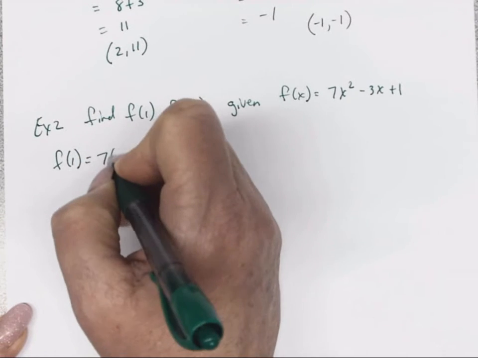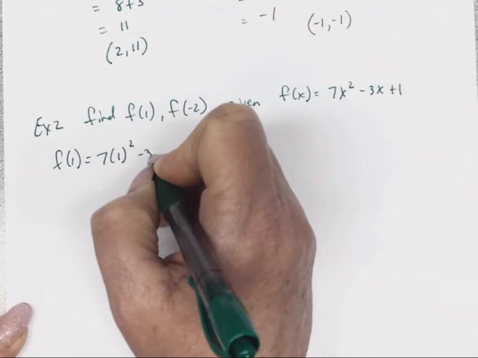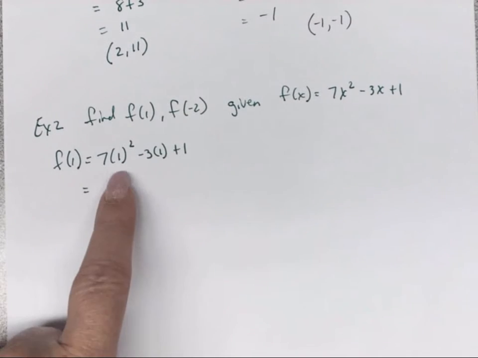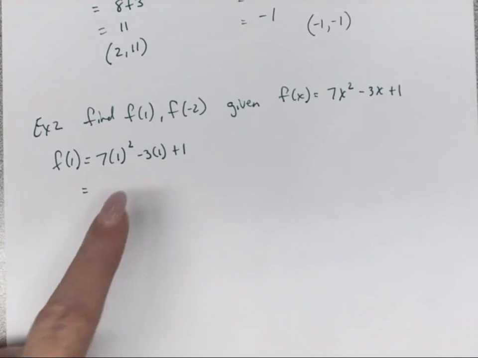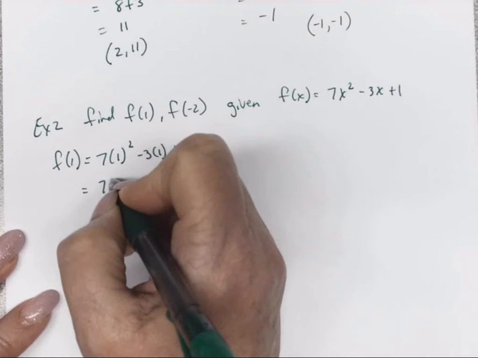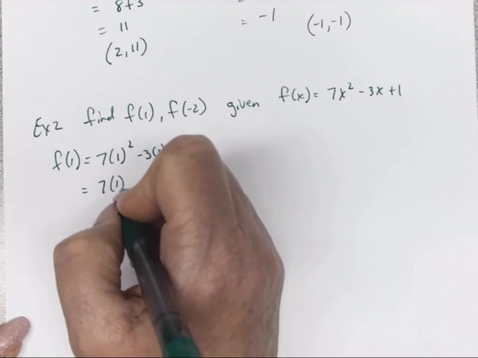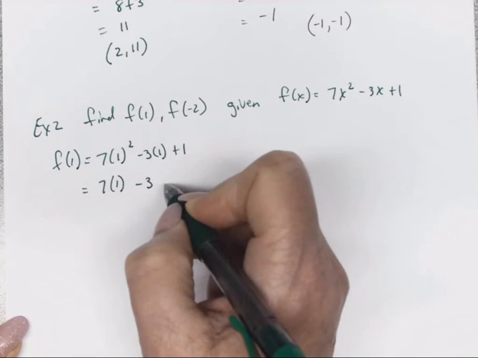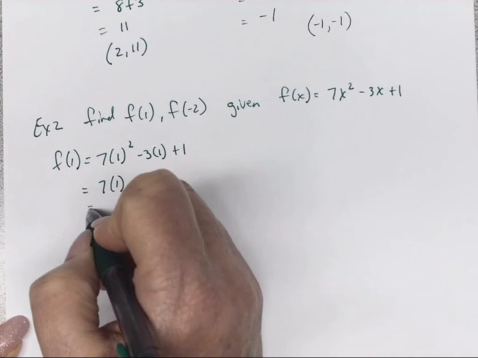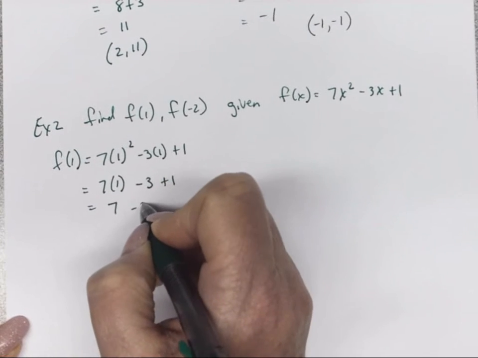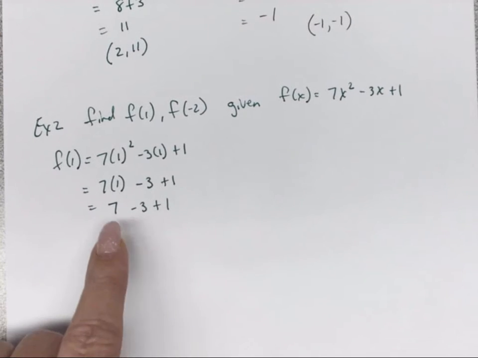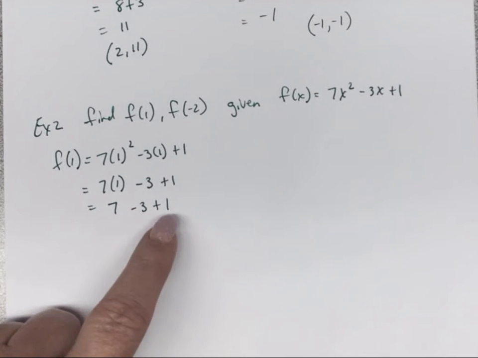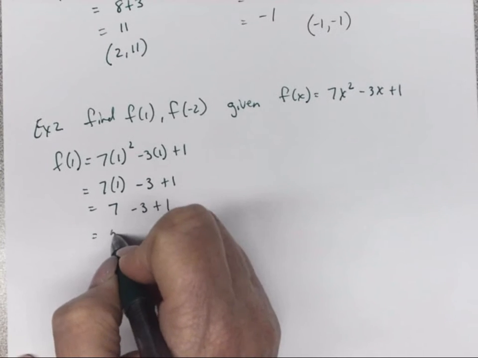It would be 7 times 1 squared minus 3 times 1 plus 1. So 1 squared, that's 1 times 1, which is 1. Negative 3 times 1 would be negative 3, and then plus 1. 7 times 1 will get us 7, minus 3 plus 1. 7 minus 3 is 4. 4 plus 1 will get us 5.